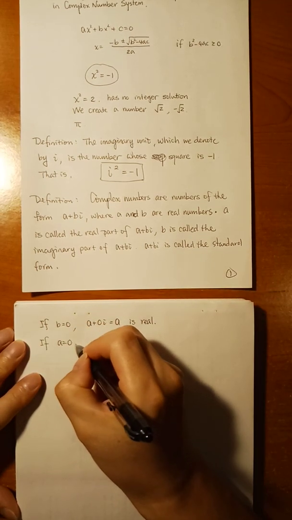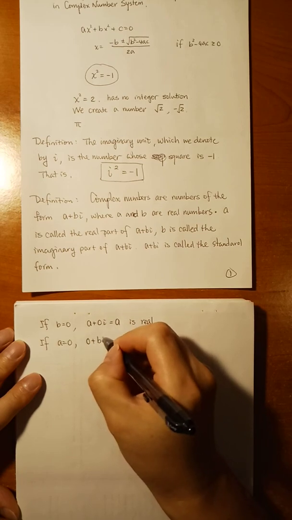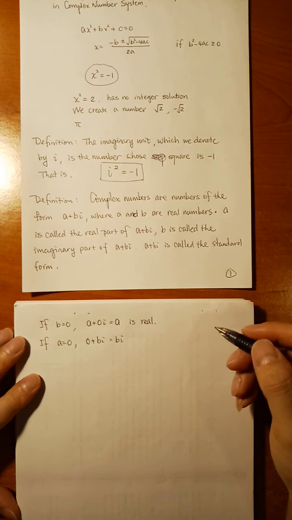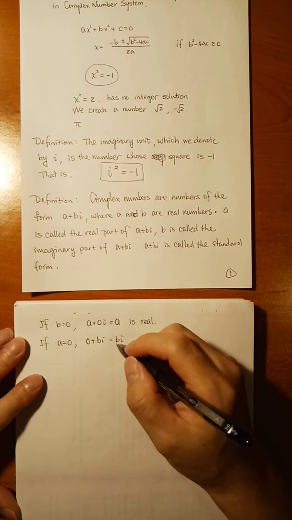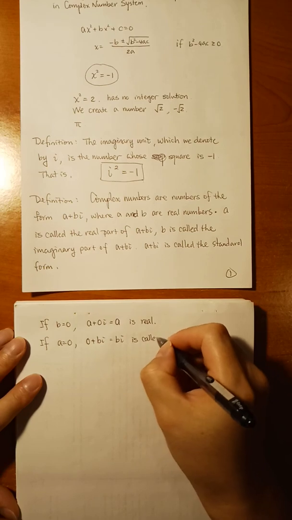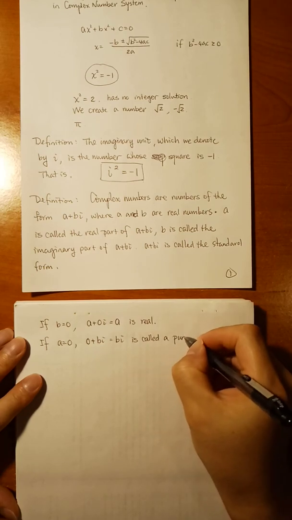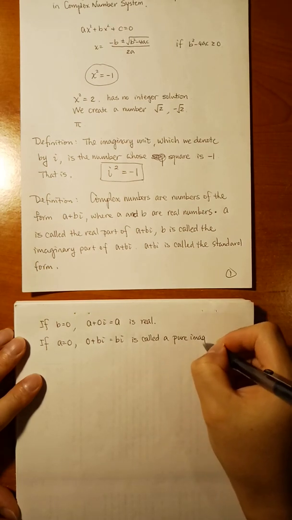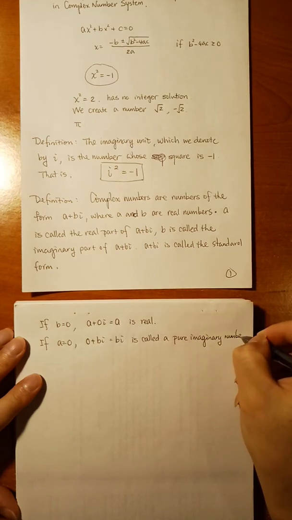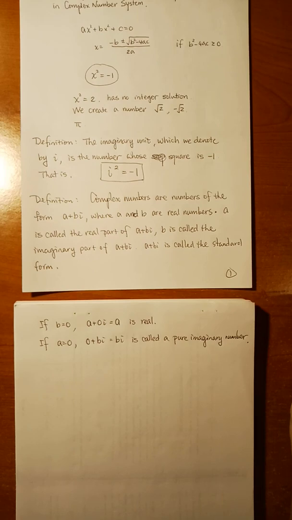If a is 0, then you can directly write just bi. This is called a pure imaginary number. A pure imaginary number just means its real part is 0.